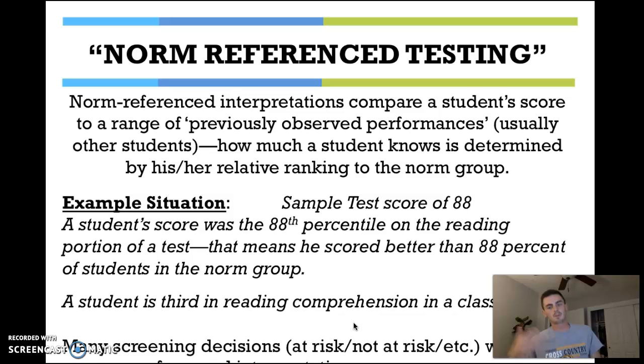One thing I want us to keep coming back to as administrators is that test scores, if they're valid, consistent, and reliable, are going to be used to make really important decisions in a kid's educational career. As I included at the bottom here, when we're looking at which students are at risk and which aren't, which should progress a grade, and which should qualify for an honors class, we're looking at a lot of norm reference interpretations and how kids are doing in reference to their peers and others in that situation.